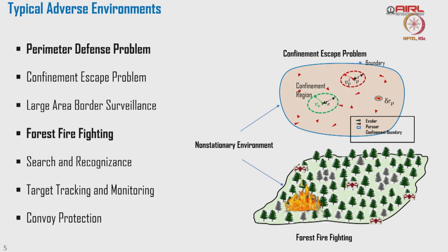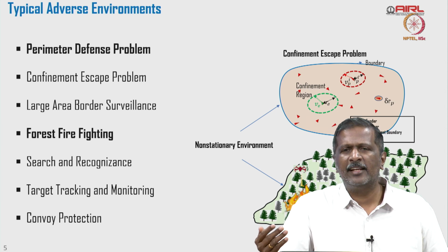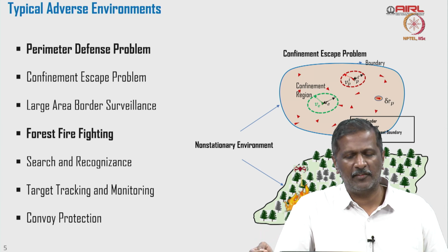You need to detect and deliver a package or rescue them, right. Those kinds of applications also require a swarm of UAVs. Target tracking and monitoring, convoy to be protected. These are some of the typical problems where adverse missions take place in an adverse environment.